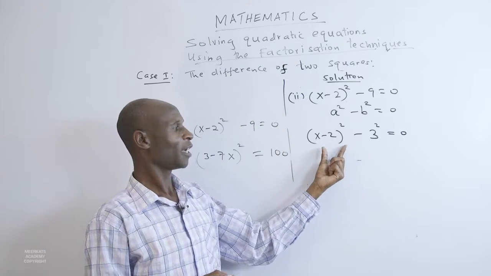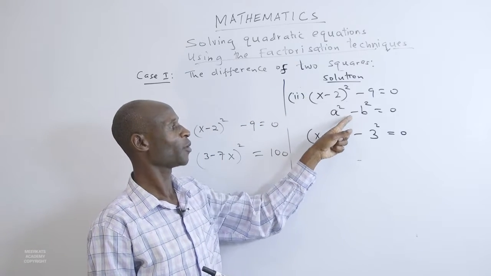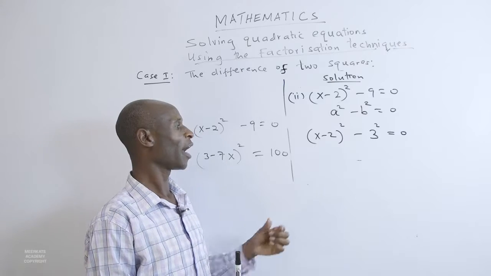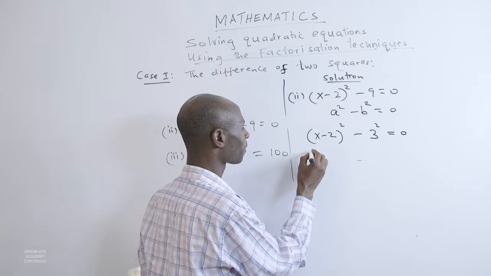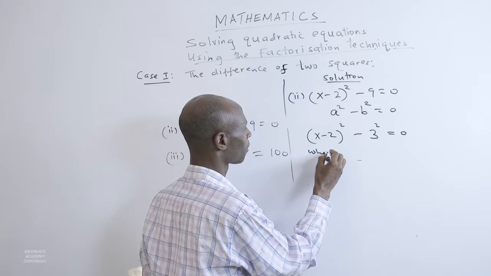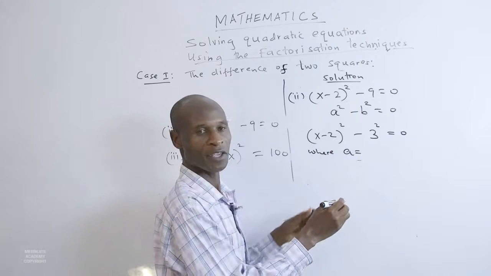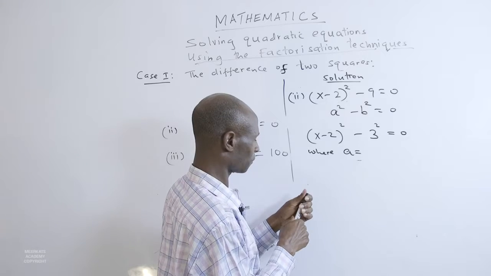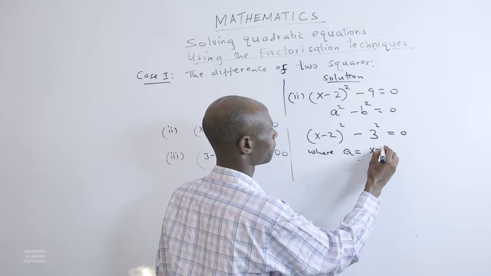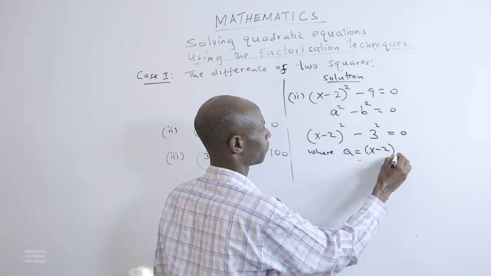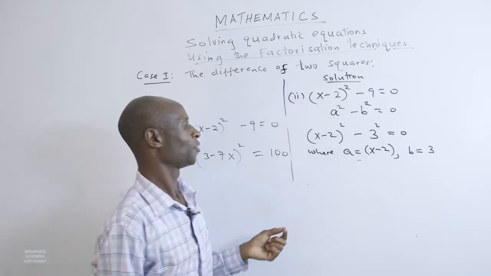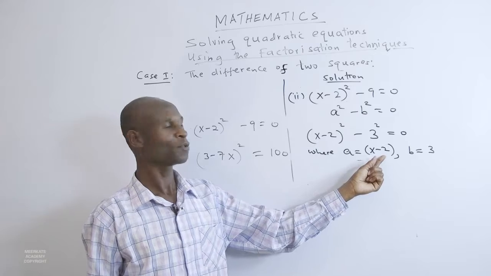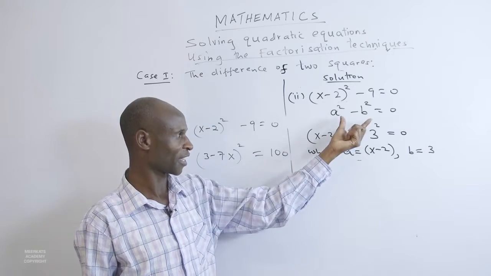So this particular equation is now in the form a squared minus b squared is equal to 0, and therefore is a difference of two squares where a is x minus 2 and b is 3 in this case.